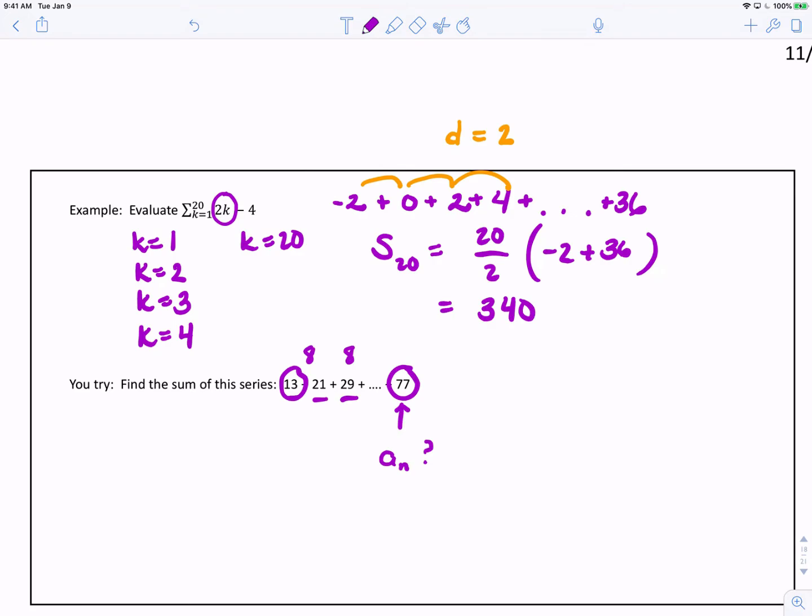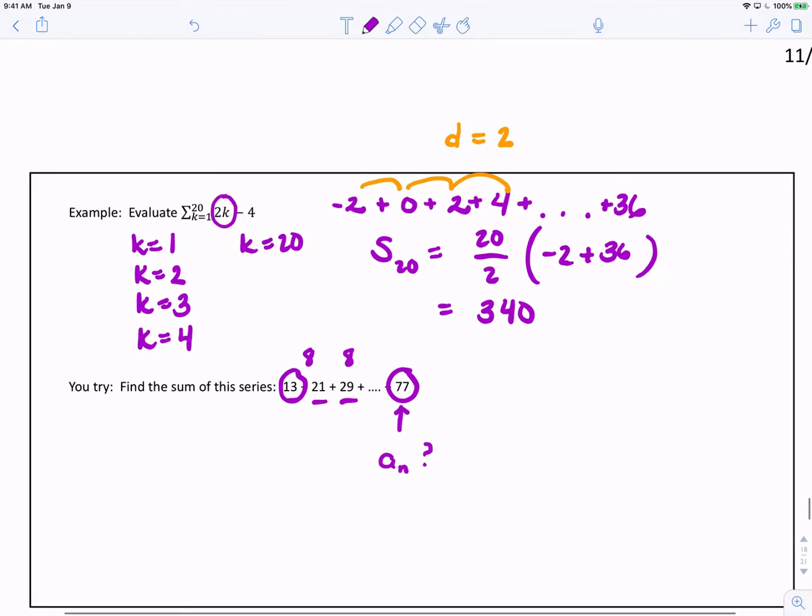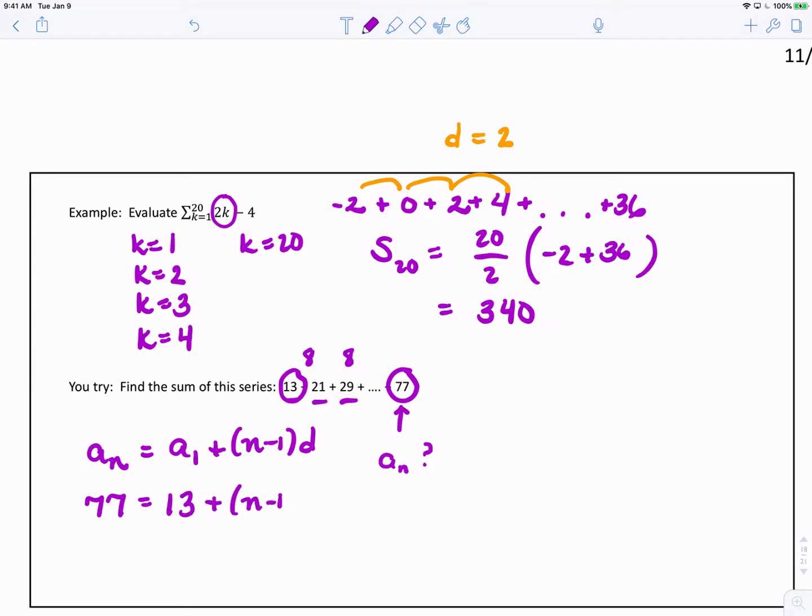Okay, let's check your work. So to find out what n is, we're going to use the formula for the nth term of an arithmetic sequence that tells us that a sub n is equal to a sub 1 plus n minus 1 times the common difference. So 77 is equal to the first term plus n minus 1 times 8, the common difference. So we simply have to solve this now for n.